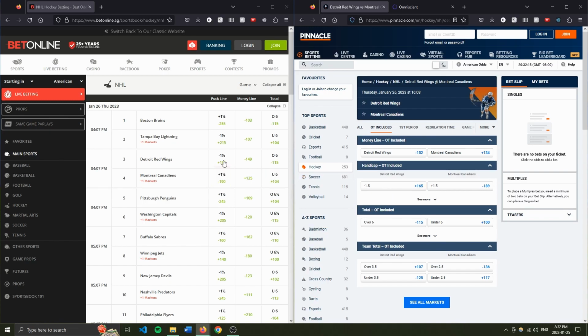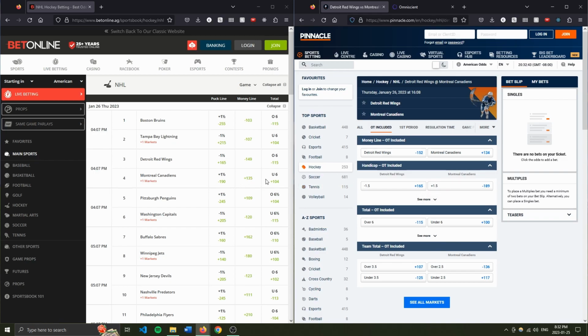I can look at these immediately and see that this plus 165 kind of matches this one, and this minus 190 matches this one pretty closely. So I'm going to assume that it's not the best odds, just simply because no sportsbook will really give you a good bet. The vig is just too high on each sportsbook, so you want to find skewed odds where they're just different between books.